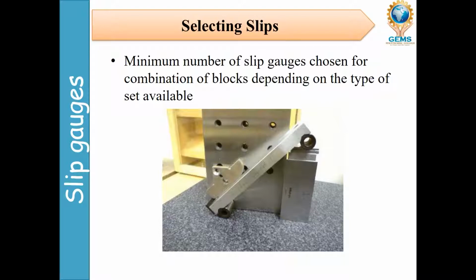If you see in this picture, some of the slip gauges are kept with the sine bar. One of the length bars will also be there. After that, some of the slip gauges are there. Whenever you select the slips, you select them based on the set available from your side.